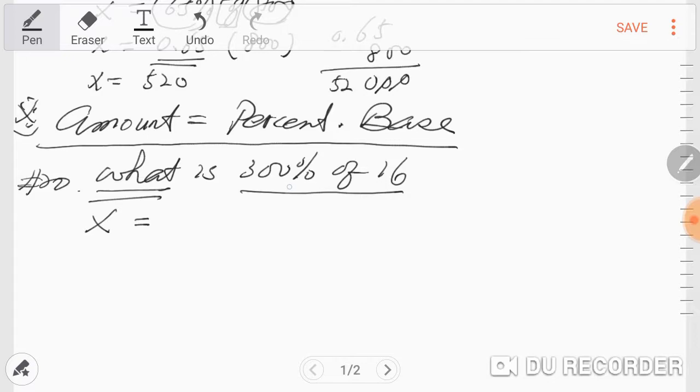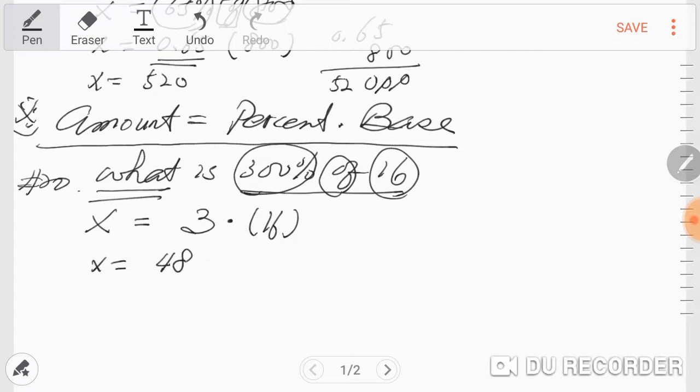The percent is 300%, so convert 300% to decimal: divide 300 by 100 is 3. Replace this of with multiplication by the base 16. So x equals 3 times 16, which is 48.